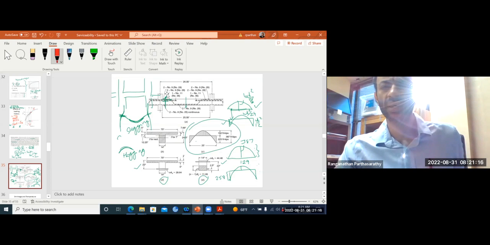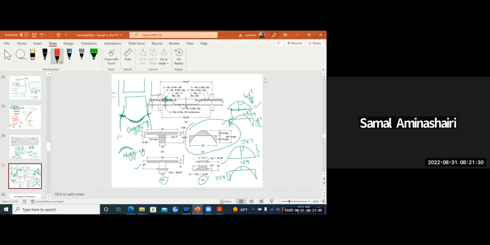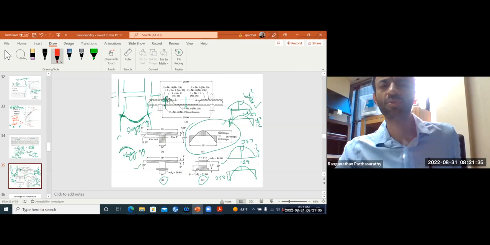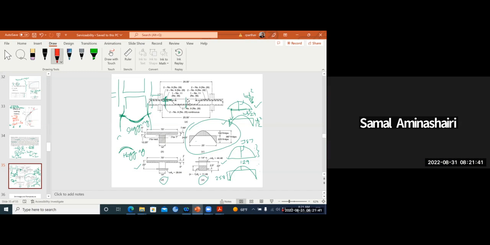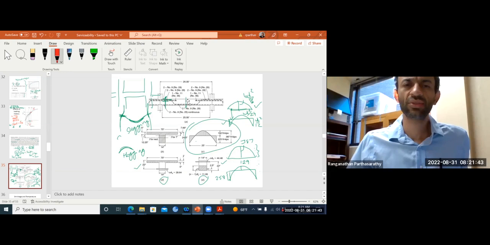In your negative moment region, your flange is going to be in tension or compression? Compression. In your negative moment region, your flange will be under tension, right? Okay, so let's draw the deflected shape of this beam.